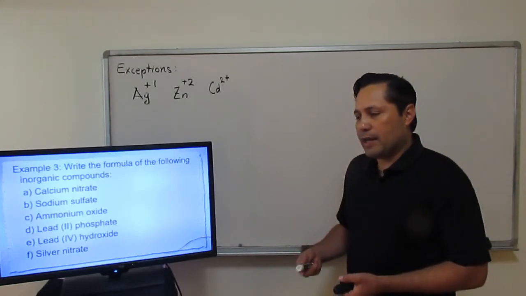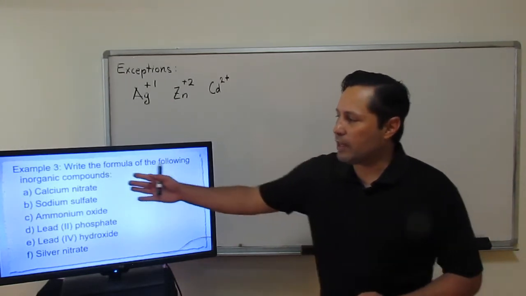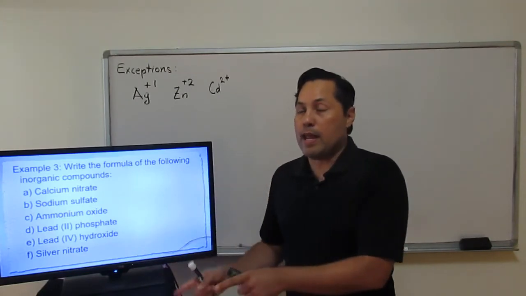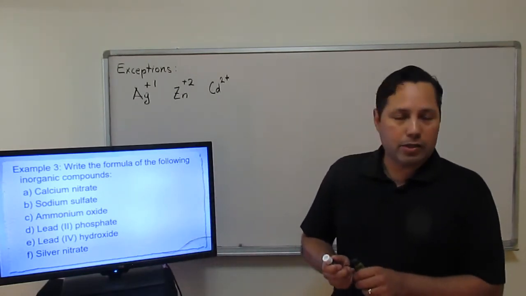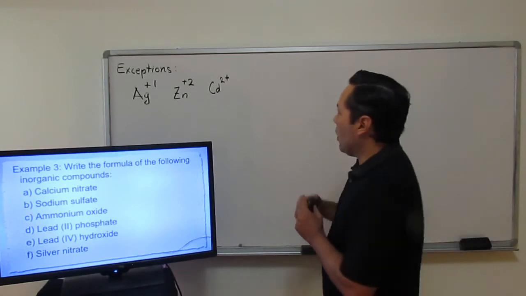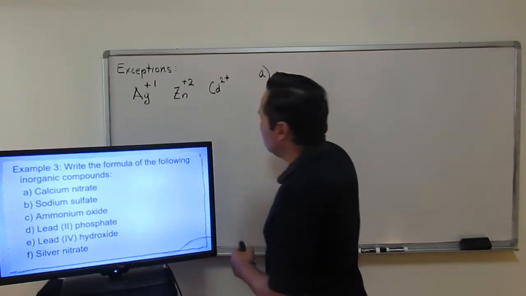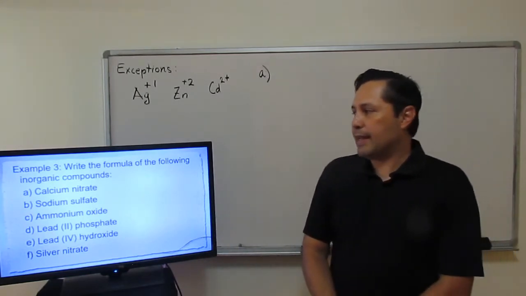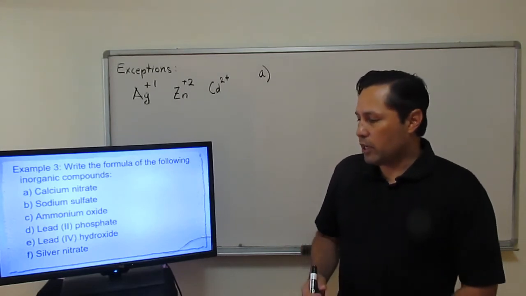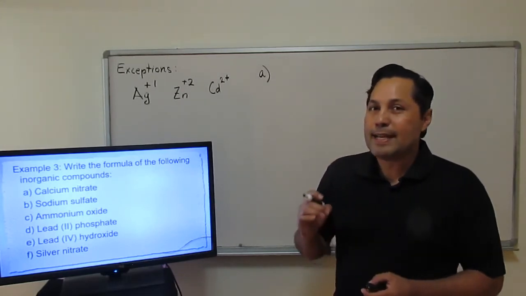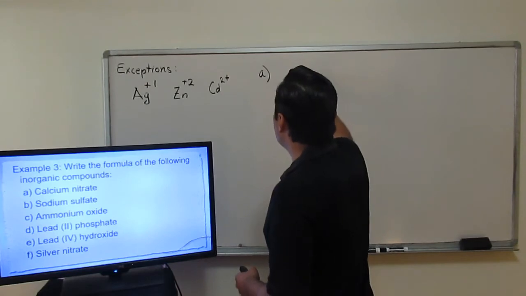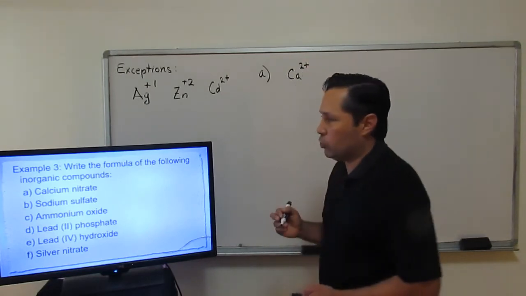Alright, so example 3. In this one, they give you the name and ask you, can you go from the name to the formula? Let's get started. Example A. They say calcium nitrate. Again, you're going to need your periodic table handy. Calcium, you look for it. It is in the second column, so you give it a +2 charge.